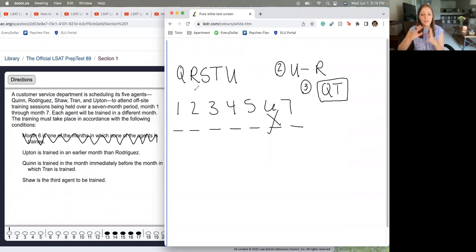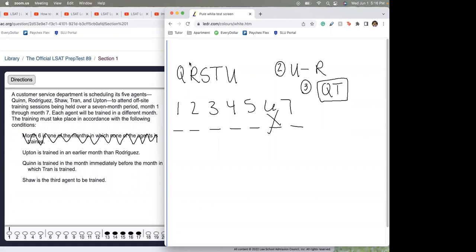So if we're looking at this rule, what can we do to get rid of this rule so we can put it directly into our diagram? And I want to challenge you to think about where they can be placed rather than where they can't be placed. They can only go in 1 through 4.